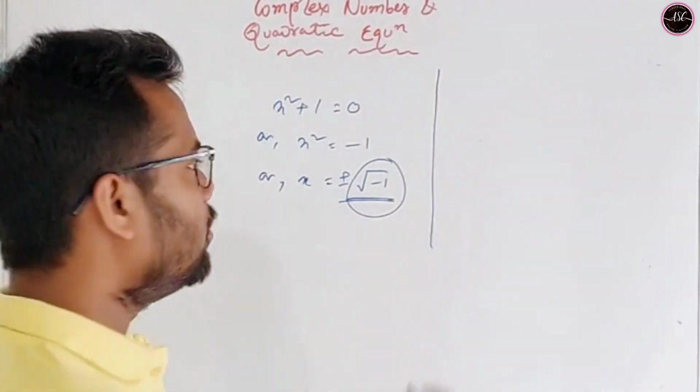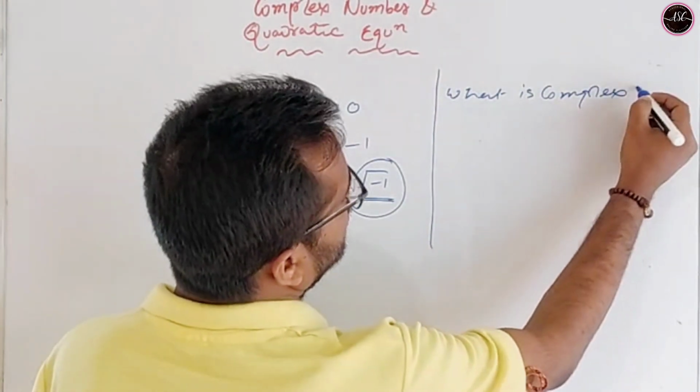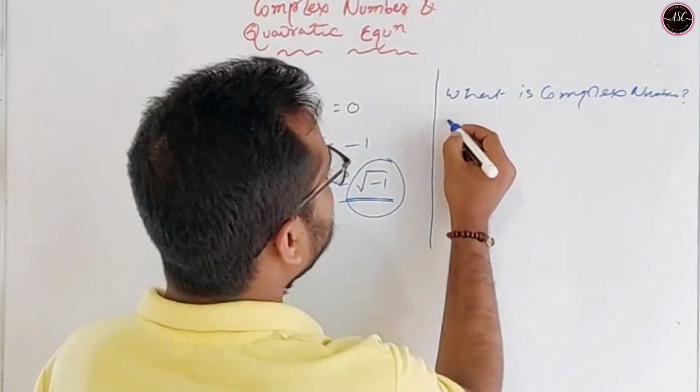So the complex number, if there is a question, what is a complex number? What is the answer?